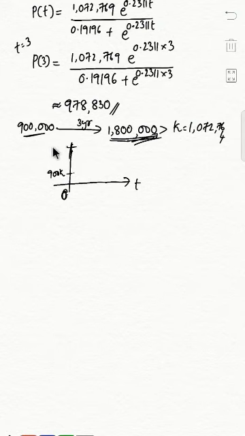Let's say this is the carrying capacity, 1.072 million, the asymptote for the graph. It increases rapidly, then slowly grazes the asymptote at infinity. This population curve touches the carrying capacity only at infinity. That's how the graph will be. Next, let's see the next part of the question.